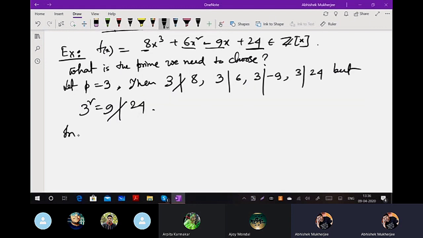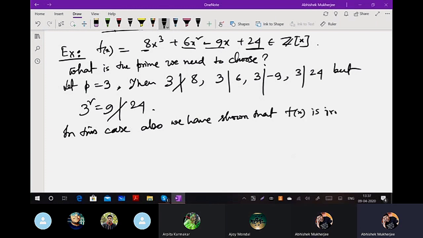So in this case also, we have shown that f x is irreducible over Q by the Eisenstein test.